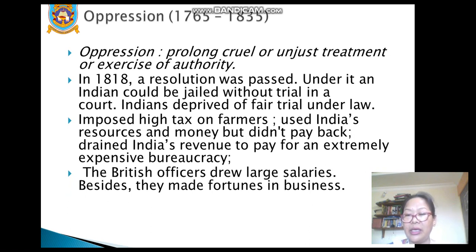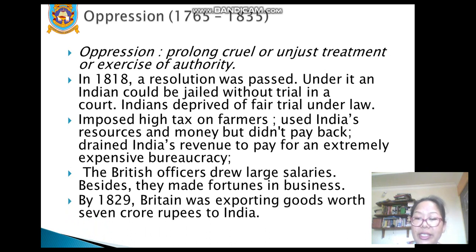They were paying for these expenses through Indian money. And then the British officers drew large salaries. Where did they get their salaries? They did not get it from England, they did not get it from Britain, but they were getting it from India. They made fortunes in businesses because they were exporting and importing. So they made huge fortunes.